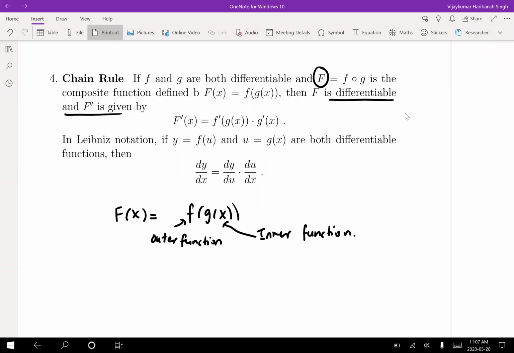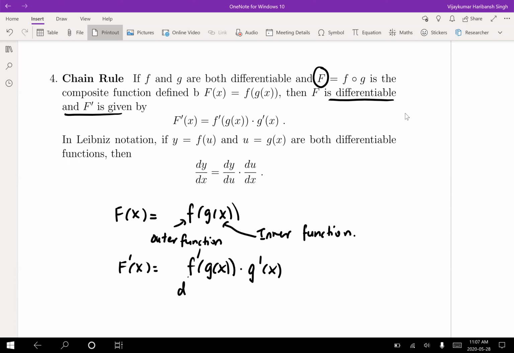So then the chain rule tells us that this function is differentiable if f and g are, and F prime of x is the derivative of the outer function evaluated at the inner function, multiplied by the derivative of the inner function.